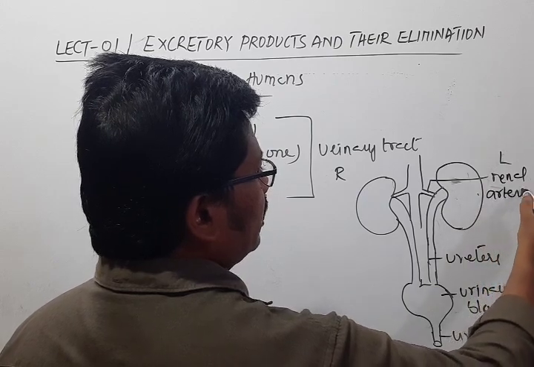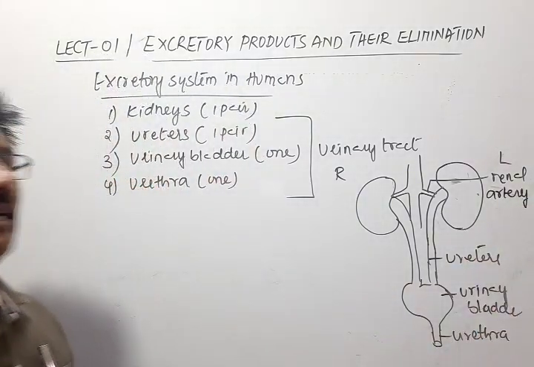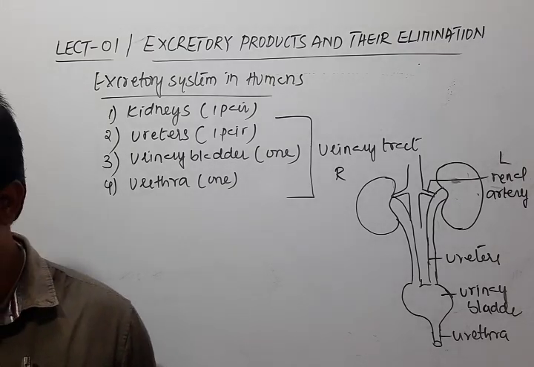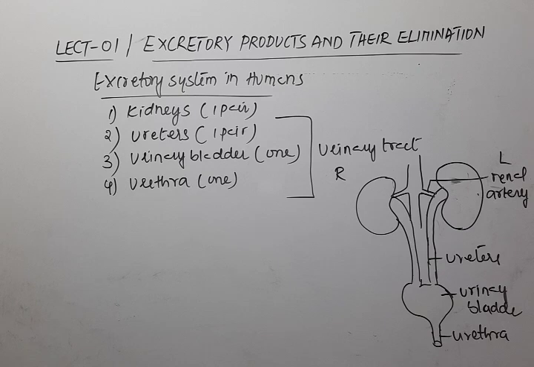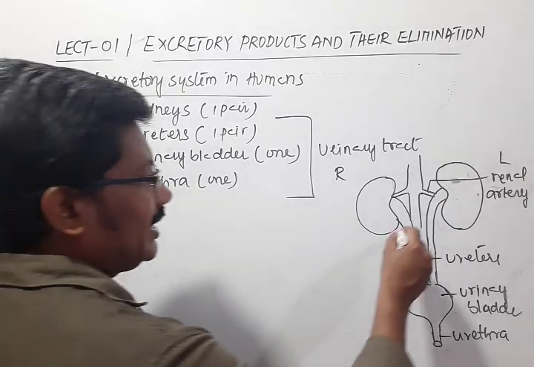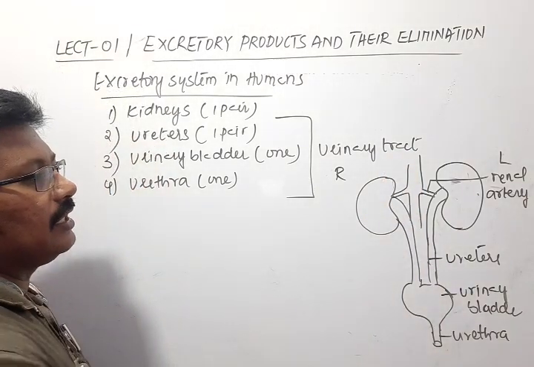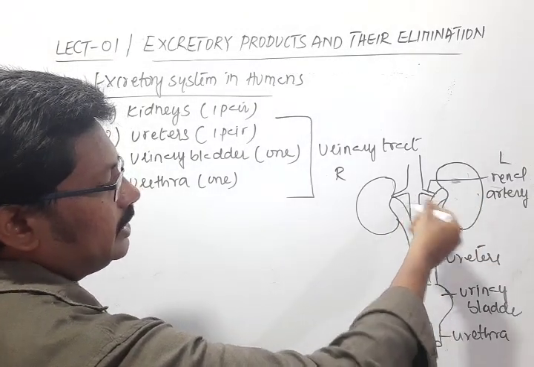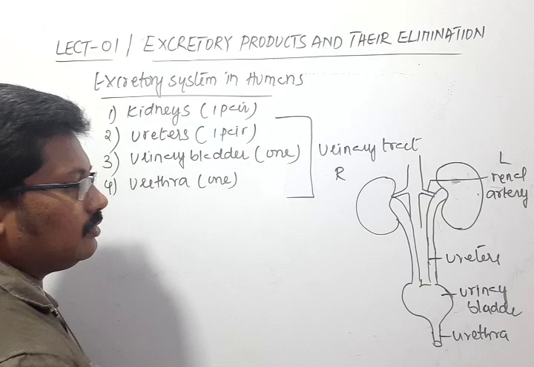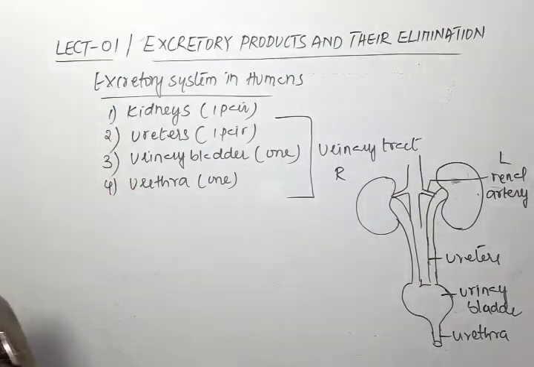And at the same time veins also emerge out from the kidneys. We call them renal veins, and they open into the major veins that will collect blood back to the heart. So here, along with the renal artery, you will also find renal veins. Here I'm not mentioning it.